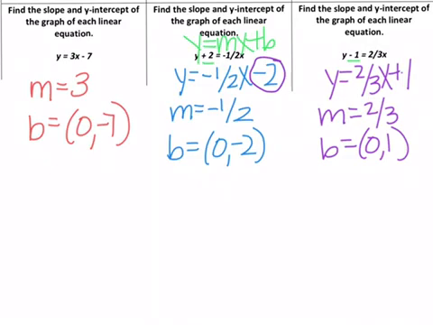It was the opposite for the third equation. We had a -1, so I had to add it to the other side to make sure that it was the opposite. So the y-intercept crossed at 0, +1. Make sure your answers are correct, and if you have any questions, make sure you let me know.